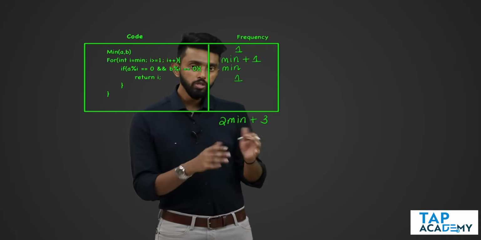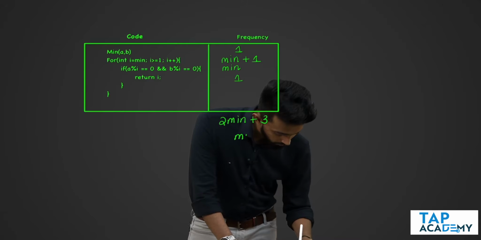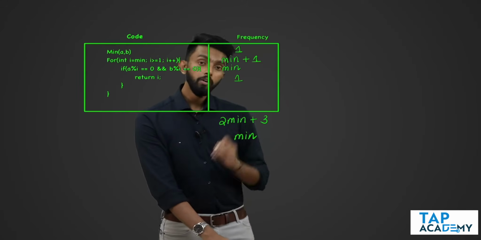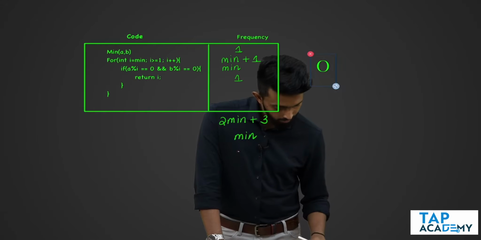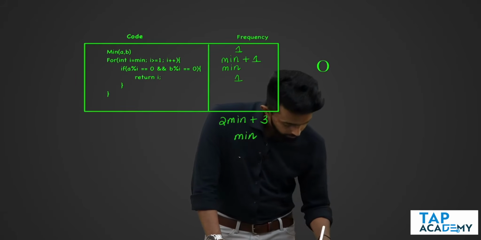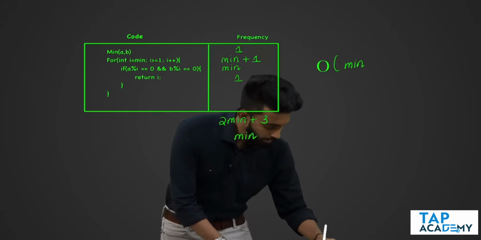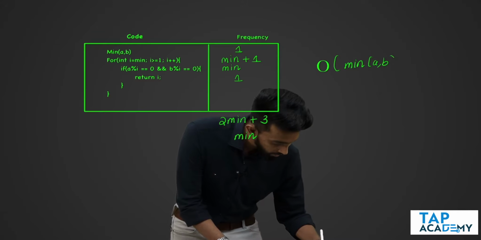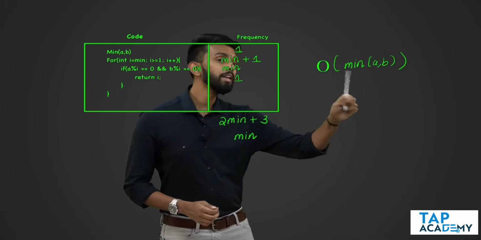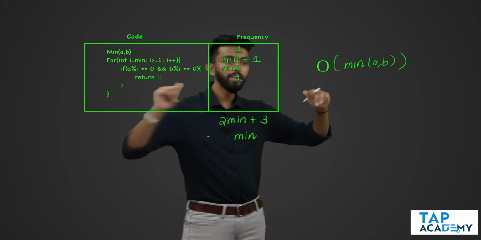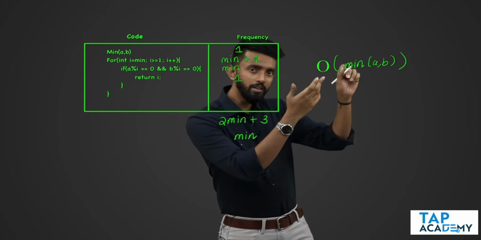Obviously, you know the 2 rules to simplify time complexity. You have to remove the constants. If I remove the constants, I will have min. Which means one way for me to write this time complexity will be big O of min, but just writing min will not make sense, so I will write min of A comma B. Whichever is the minimum of A comma B, that many times it will execute in the worst case, big O. One way of looking at this is, if min was n, it is big O of n.